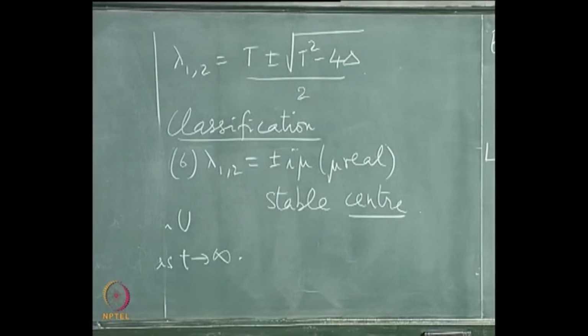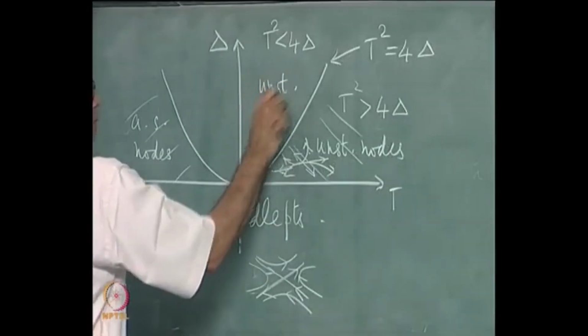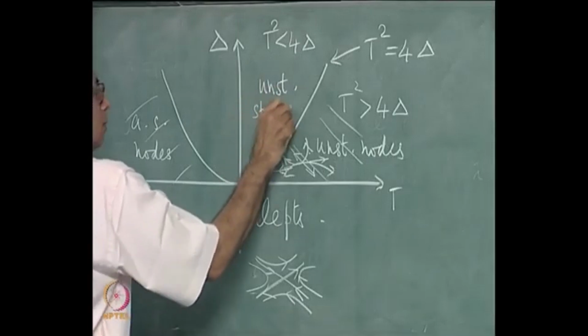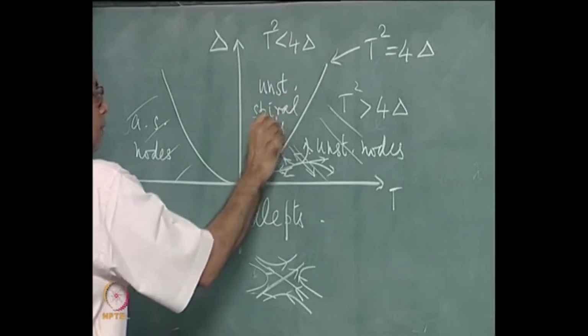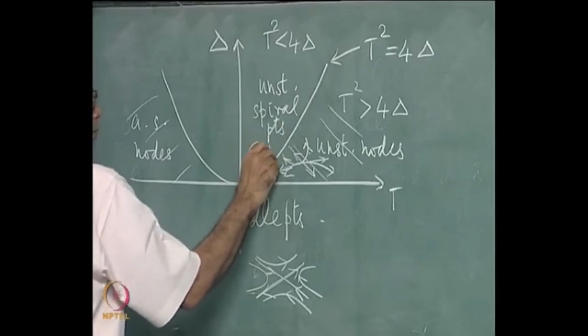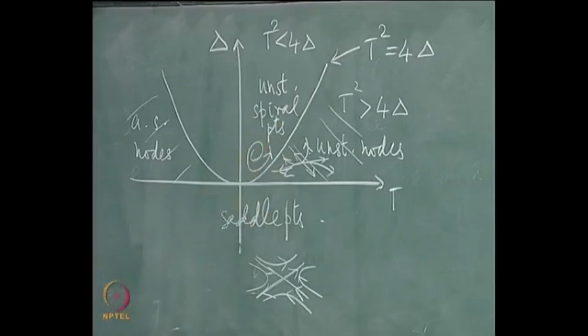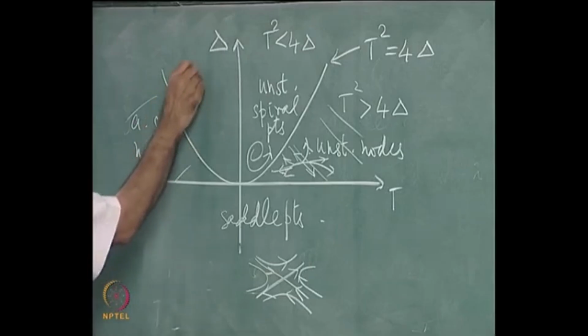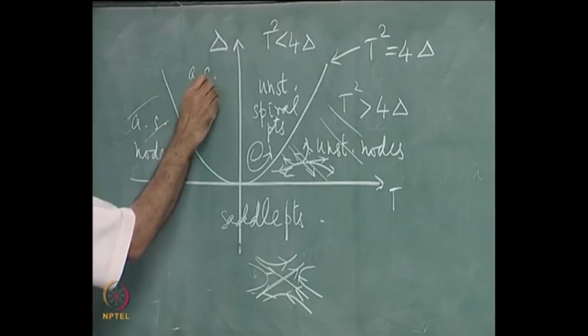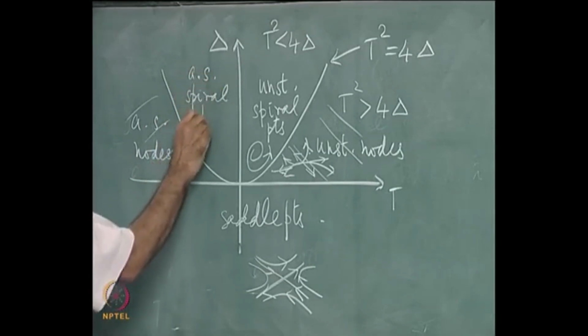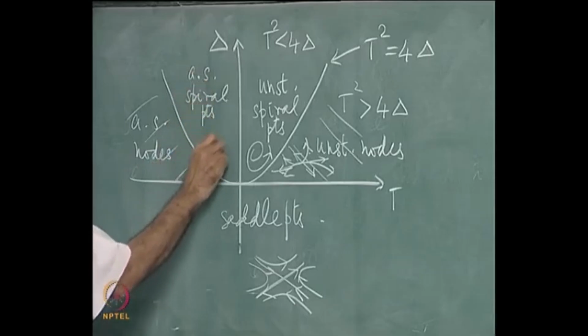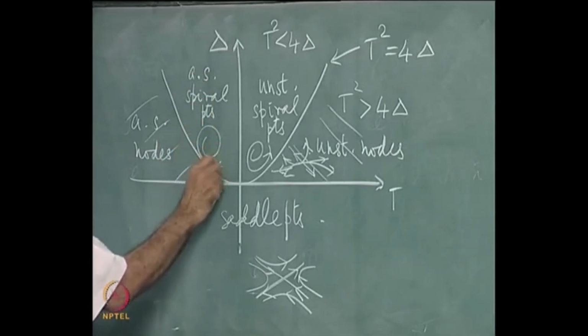So unstable spiral points, flowing away. And what would you have here? You would have stable, asymptotically stable spiral points. So in this case the flow is inwards.